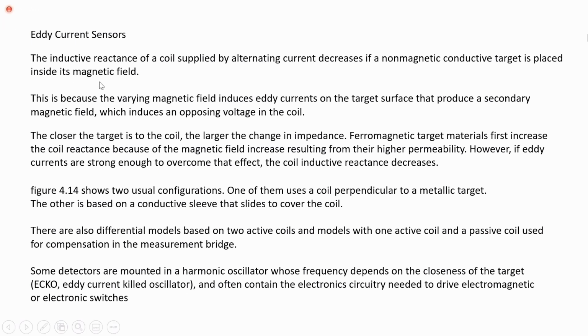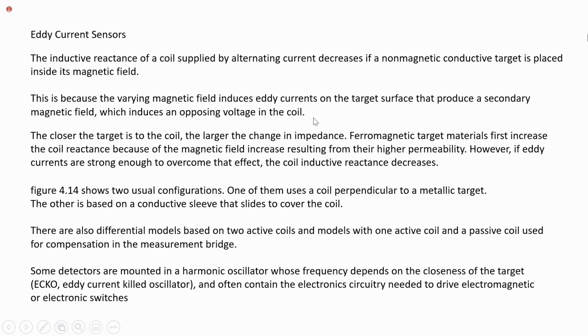The inductive reactance of a coil supplied by alternating current decreases if a non-magnetic conductive target is placed inside its magnetic field. Instead of using magnetic material, if we use non-magnetic material, we'll get a difference in the magnetic flux. This is because the varying magnetic field induces eddy currents on the target surface that produce a secondary magnetic field, which induces an opposing voltage in the coil.